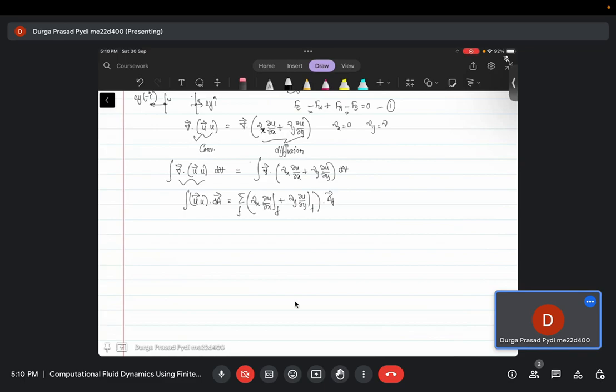Which if you further simplify, we can write the final equations directly, since now you are familiar with the method.